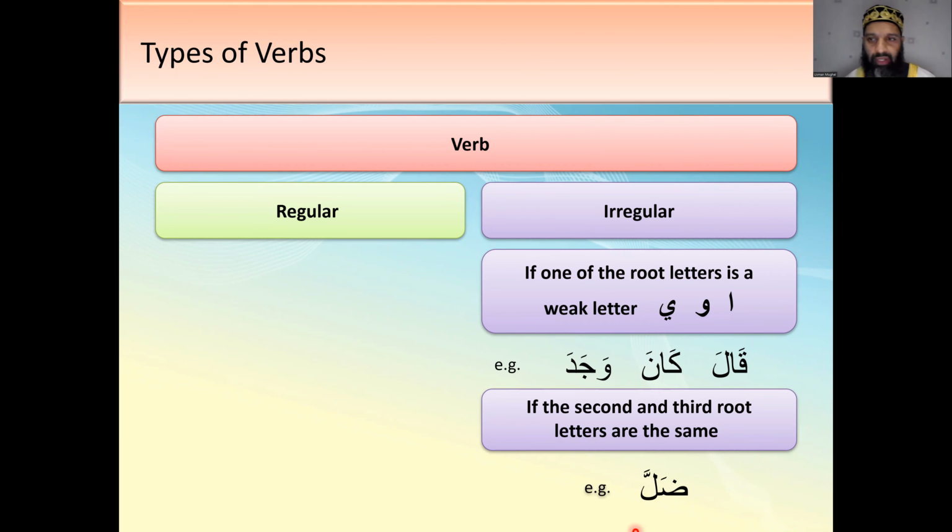And everything else is regular. Ja'ala is regular because there's no alif, waw, ya there, and the second and third letters are not the same. So these are regular verbs.